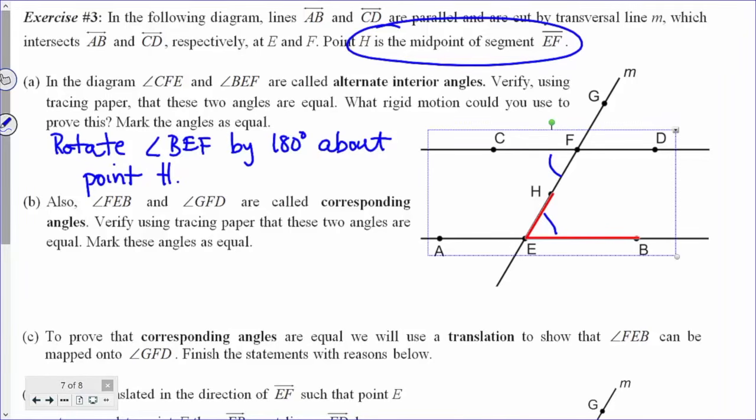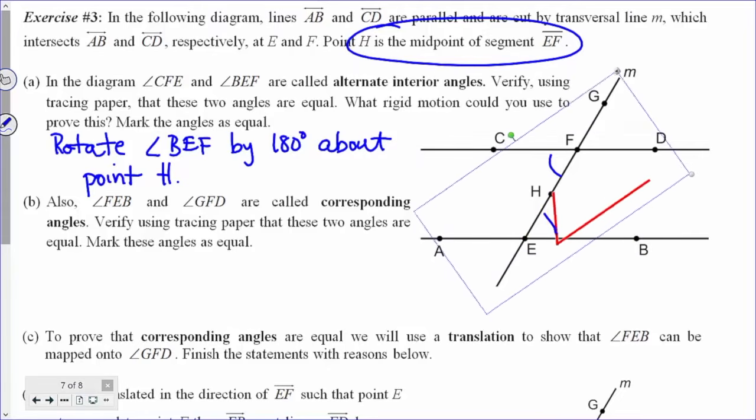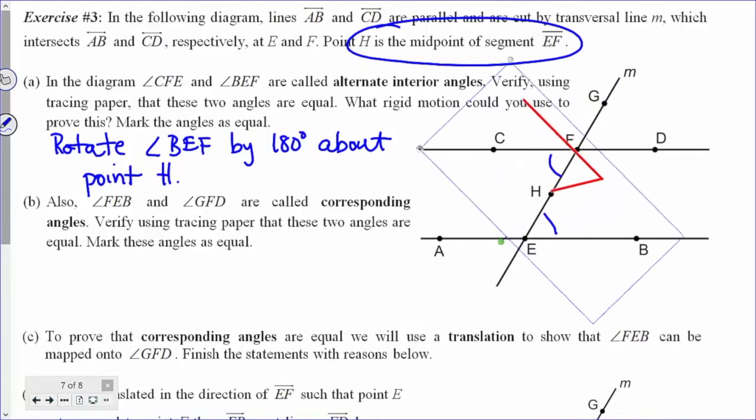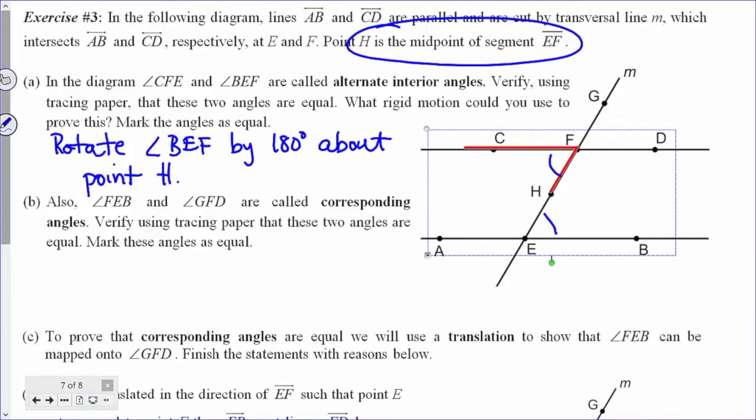This is kind of fun. If I take this angle and I rotate it 180 degrees about point H, it maps up to that angle.